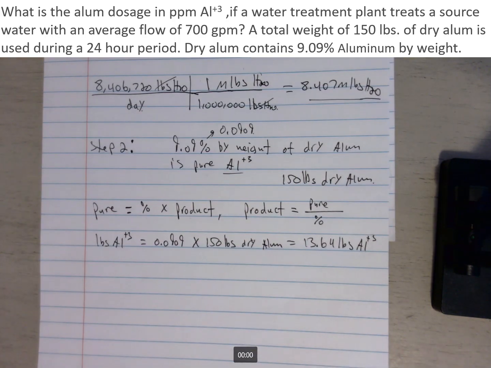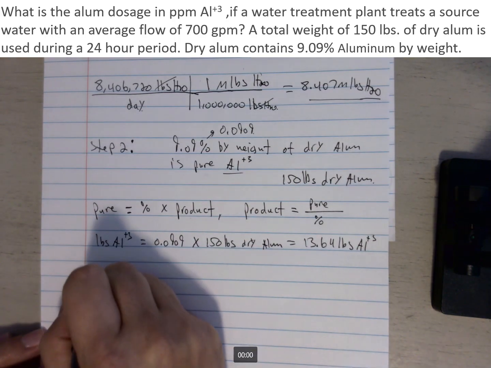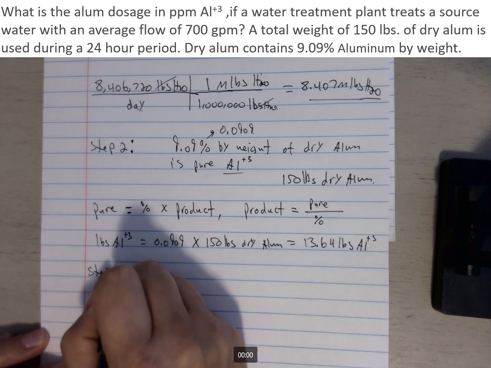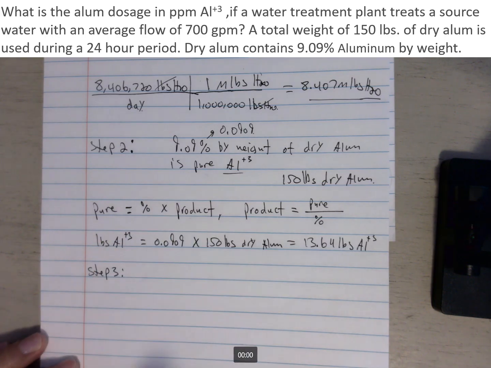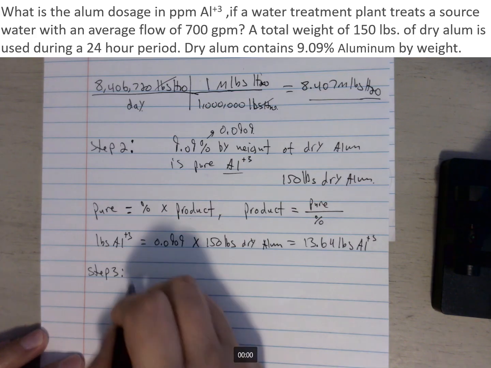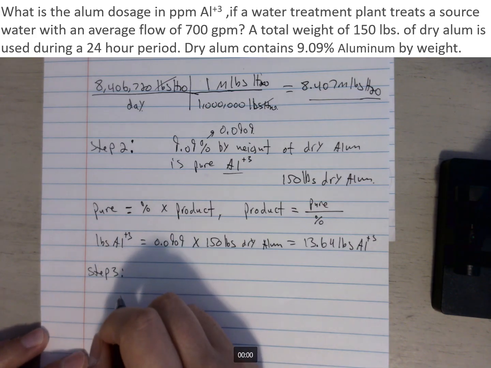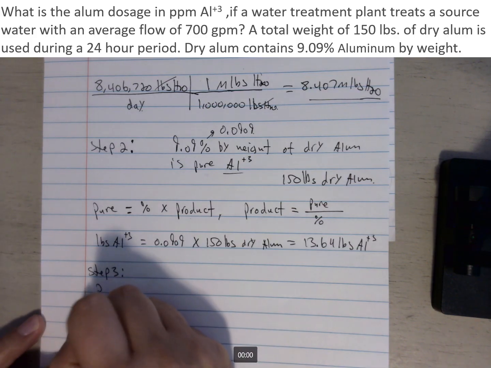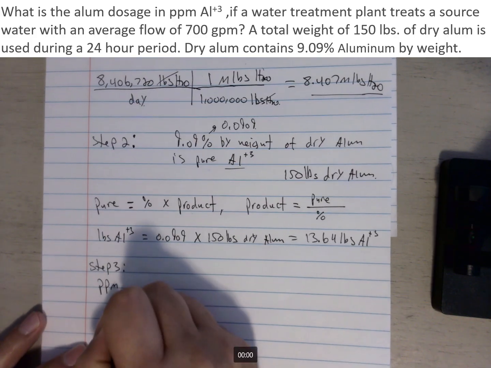Now, let's take a look at the next step, step 3. We're going to solve for the final step, the aluminum ion concentration, and that's where we use our part per million equation. It can be written in two ways.